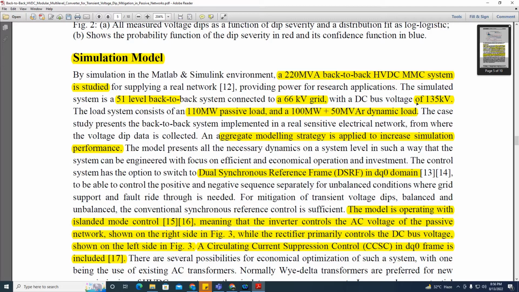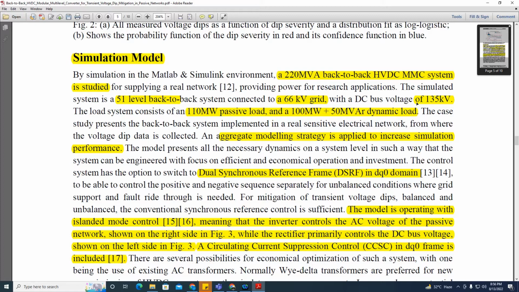Dual synchronous reference frame, DSRF, is also implemented in this model. The advantage of dual synchronous reference frame is that in case of an unbalanced grid, both positive sequence component and negative sequence component are generated.